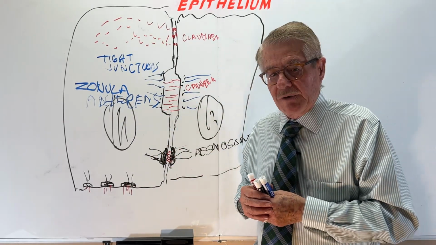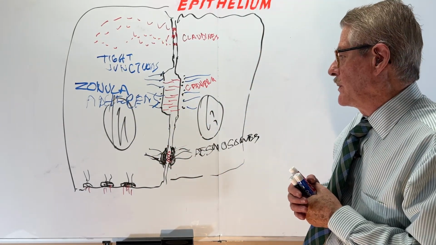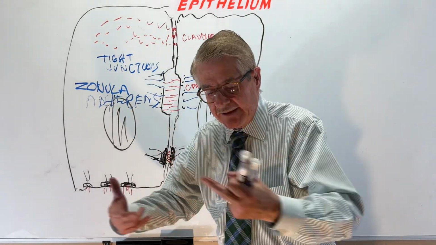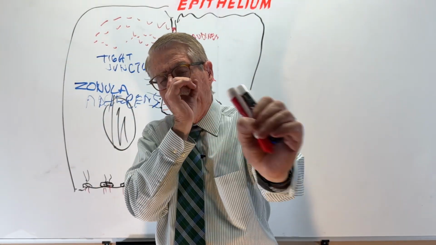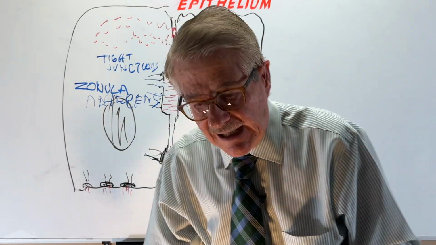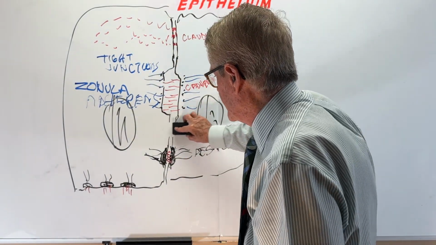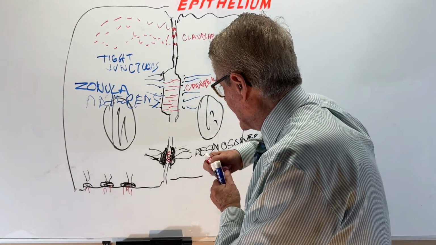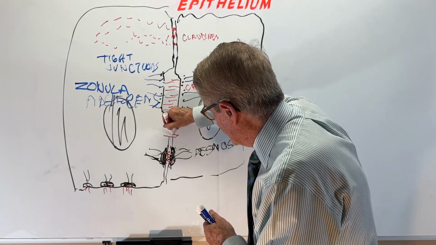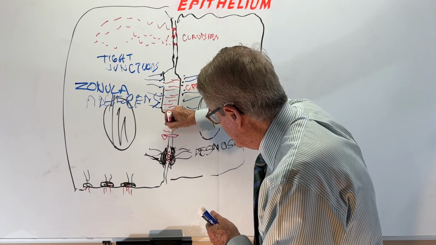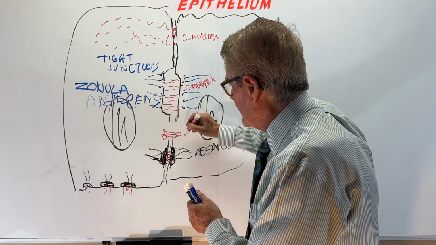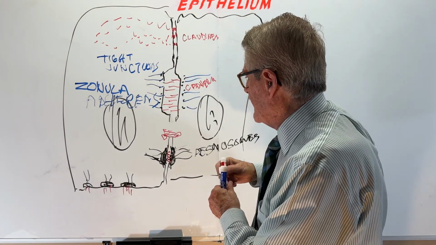We mentioned also we need one structure that communicates the cells, that forms a hole between both membranes, and these are the gap junctions. We'll put the gap junctions over here. The gap junctions are long proteins like this that form a hole through the membrane.